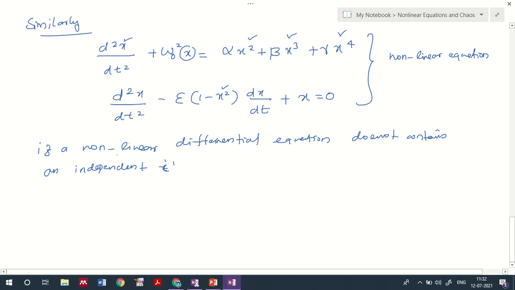In that case, if a nonlinear differential equation does not contain an independent time, it is fairly difficult to obtain the proper properties of the system. So we need to find an independent t in order to find a fair amount of knowledge about the system.